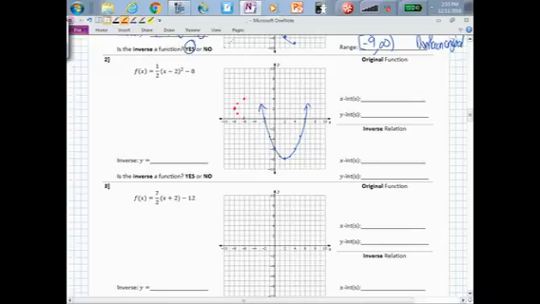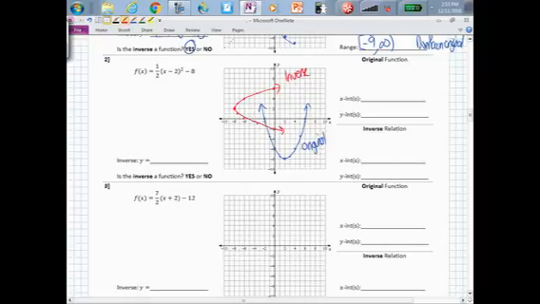And then it goes over 3 and up 4.5. And then I believe it goes over 4, up 16, so 8. So to here and here. Okay, so this is the inverse, and this is the original.